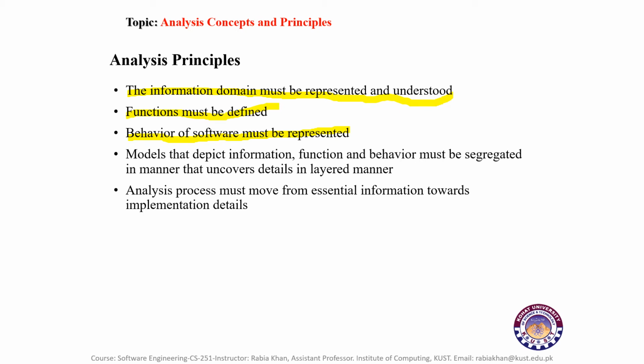So the functional model begins with a single context level model. Over a series of iterations, more and more functional detail is provided until a thorough model of all the system functionality is represented.